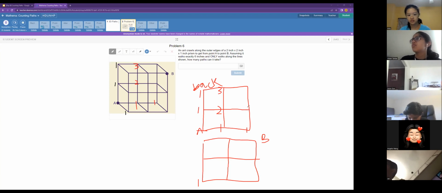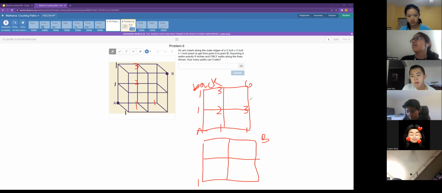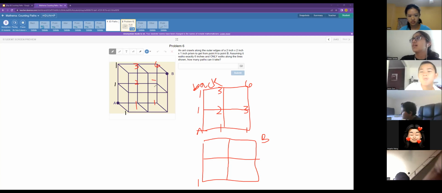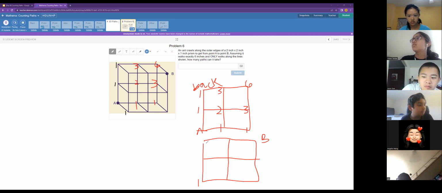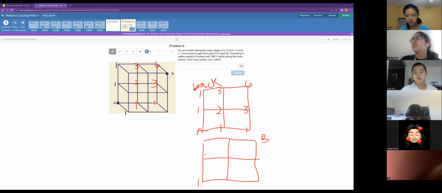Then we would have 3 here because there's nothing behind it, and 1 is below it and 2 is to the left of it. And then we'd add to get 6 here because nothing's behind it. We're adding 3 below it, and 3 to the left of it, right? So this is 6, this is 3, and that's 1, right? So say we want to find this point.